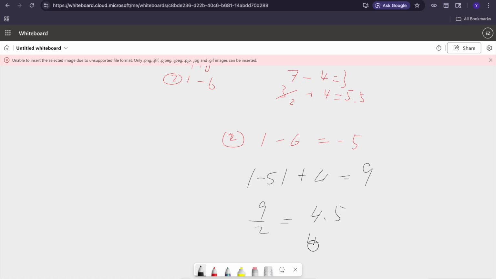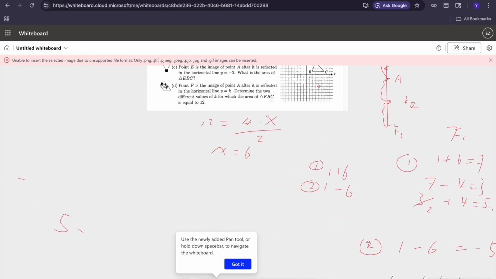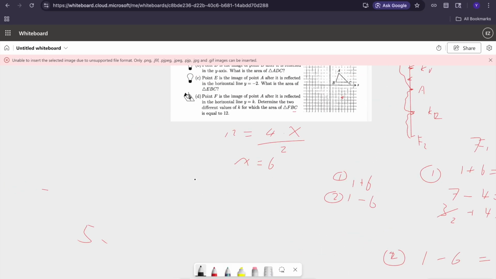Then because it goes downward, 4 minus 4.5, we get minus 0.5, and this is our second k value. So we conclude, for question D, our two answers are 5.5 and minus 0.5. Okay, thank you.